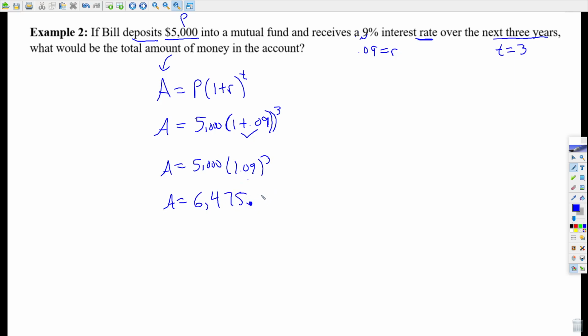And this is money, so we'll round to 2 decimal places. So if you look at that, we started with 5,000, and within a matter of 3 years of letting it sit there, we got an extra, what? Almost $1,500. Not terrible.